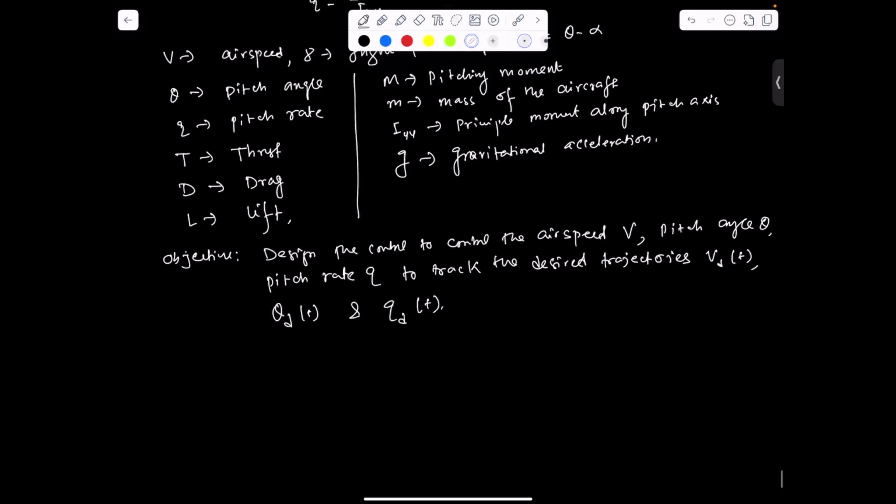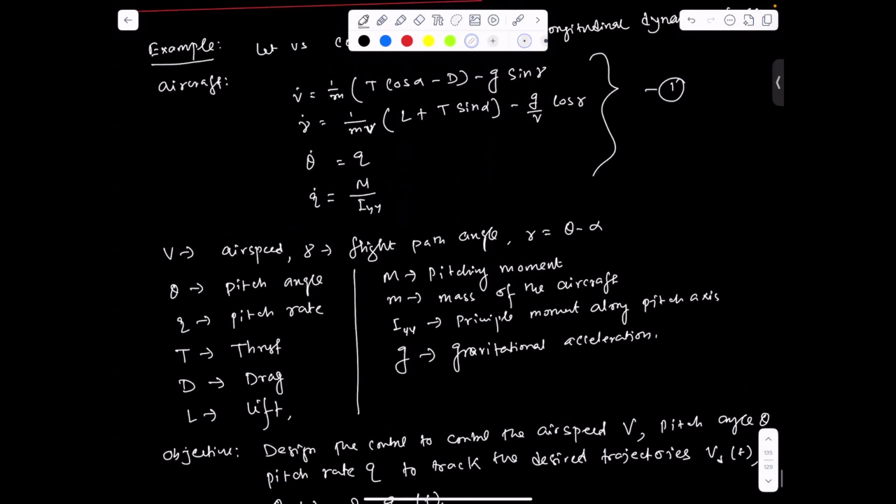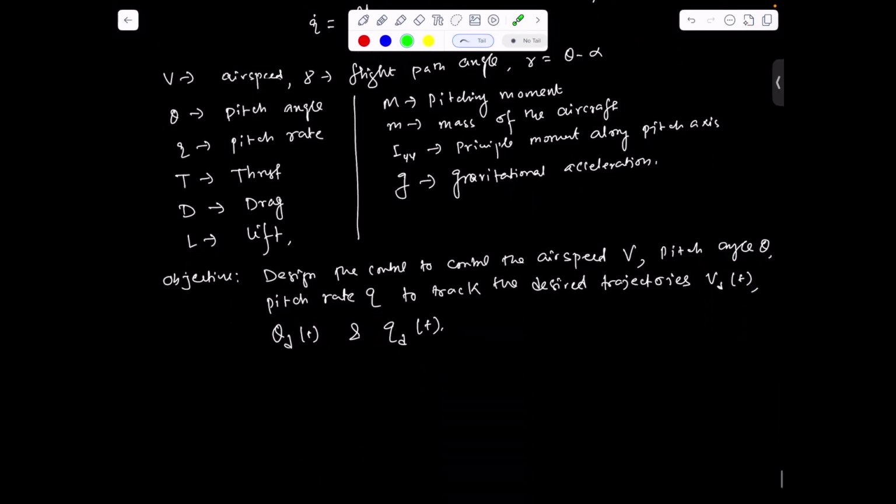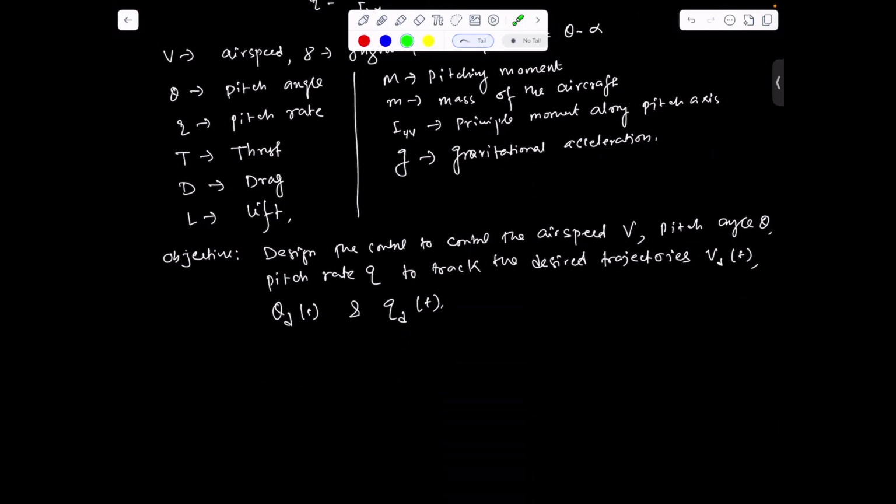So we have to design a control which is going to help this dynamical system to follow the desired airspeed, pitch angle and pitch rate. So here we are going to make some simplification to solve this problem.